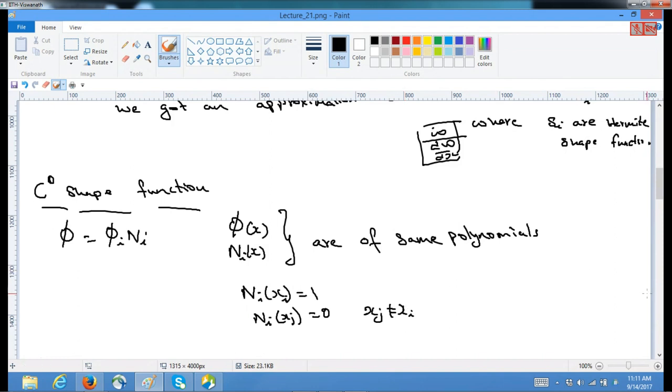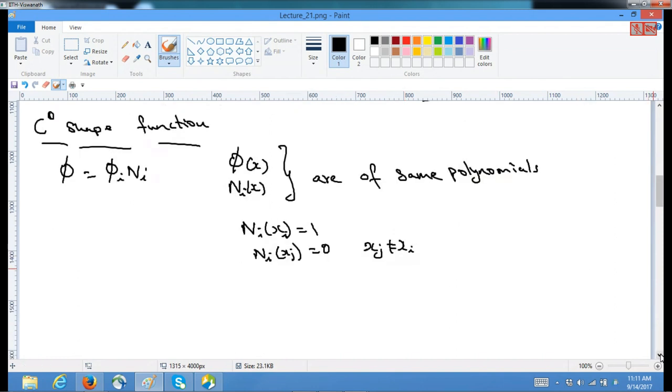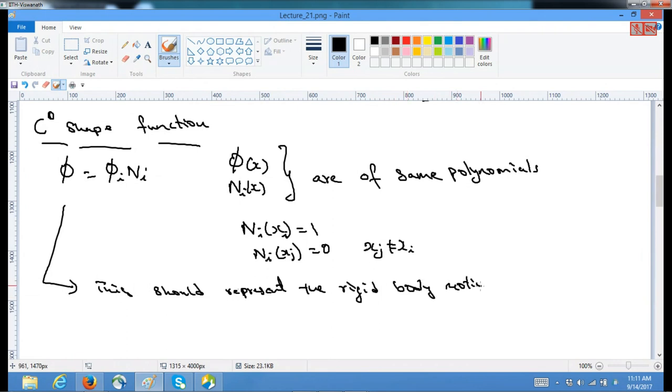And further, the last one, which says that C0 shape functions should also represent the rigid body motion. That is the important thing of C0.